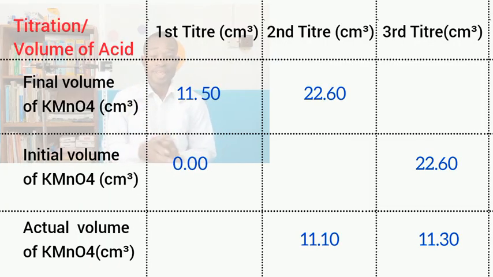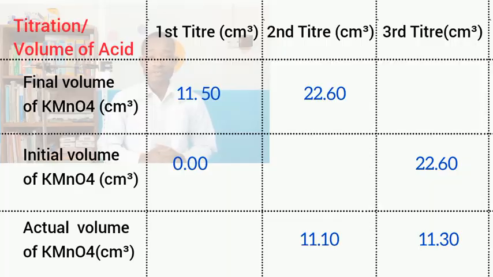So what do we do? It's simple. Use the knowledge of subtraction. Are you following, right? To obtain that, final volume minus initial volume would give us the actual volume of KMnO4 used.